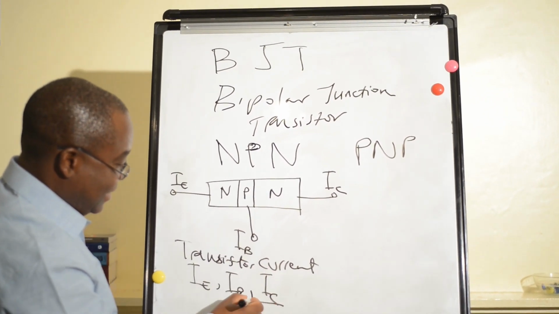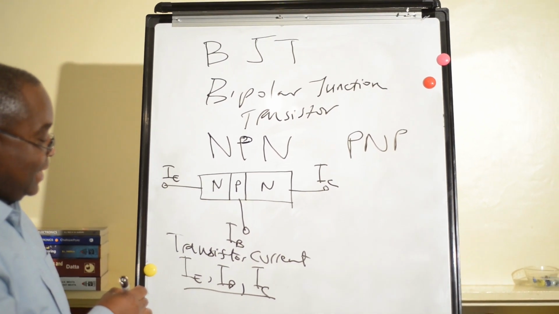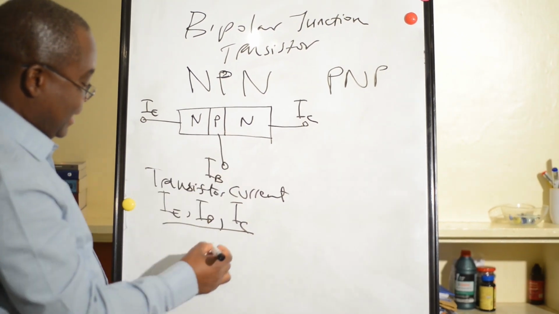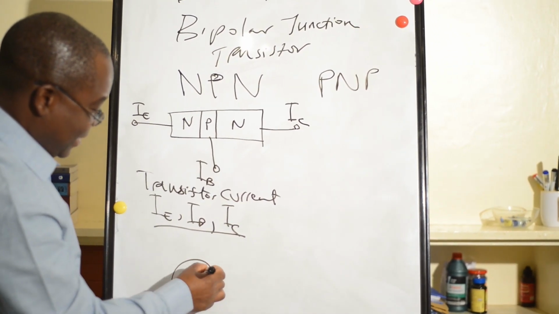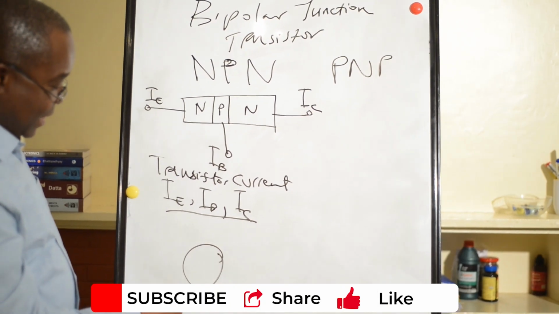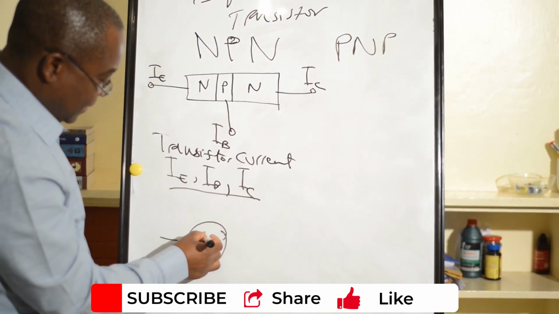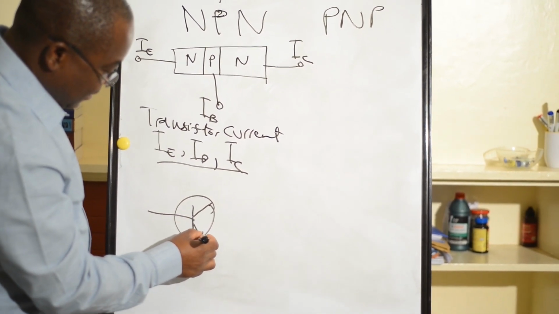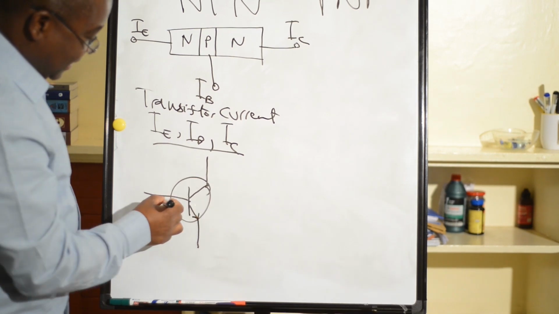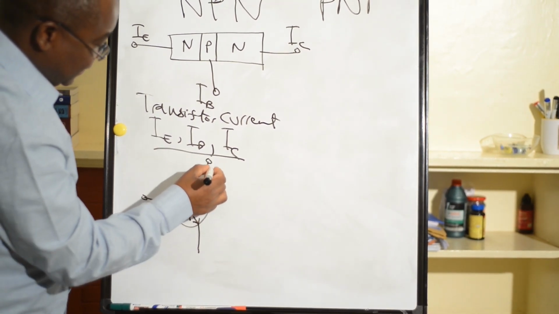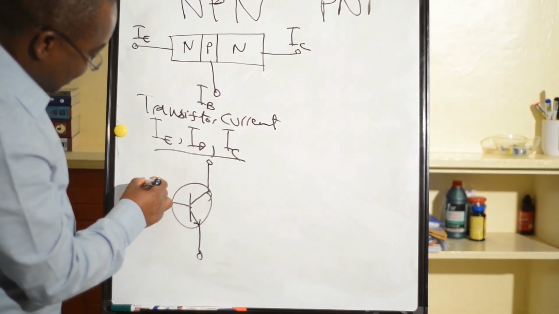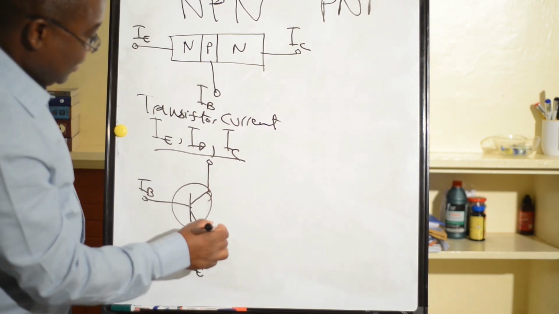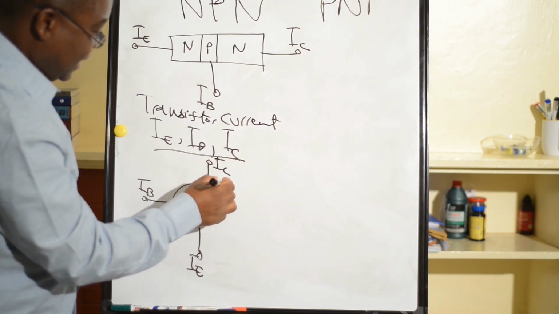Also, the electrical representation of an NPN transistor can be drawn this way. Electrical representation of an NPN transistor: we have our IB here, our base, our emitter current here, and also our collector current here.